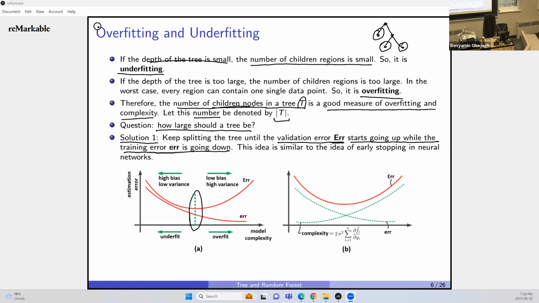By keeping track of validation error and training error, we can find out where we should stop growing the tree. Exactly what we do in early stopping. And why can we do that?